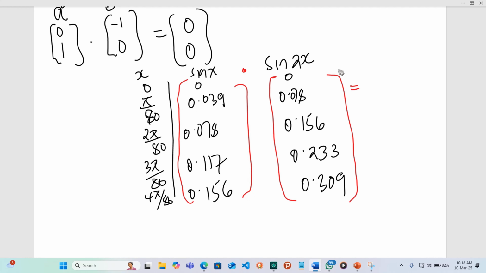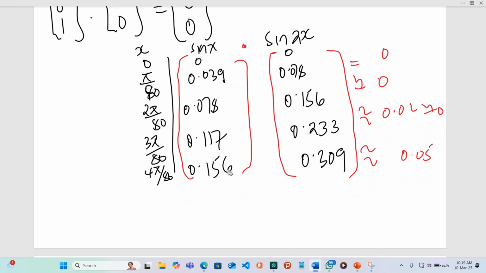So the dot product here is going to be 0, and then 0.039 times 0.078, which is also approximately 0. Then 0.078 times 0.156, which is also very small. Then 0.156 times 0.309, also very small, 0.0 something.